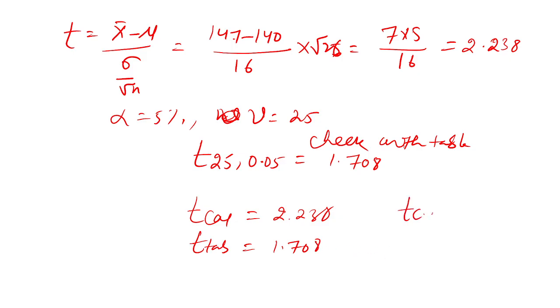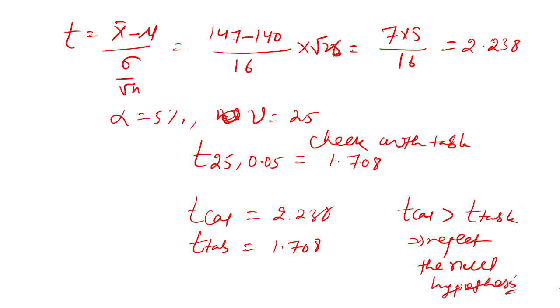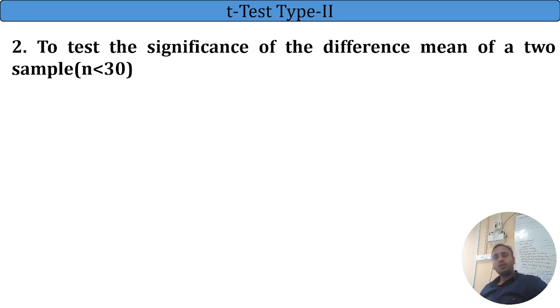So T calculated is greater than T tabulated, and we have to reject the null hypothesis. Is it clear? Yes, sir.